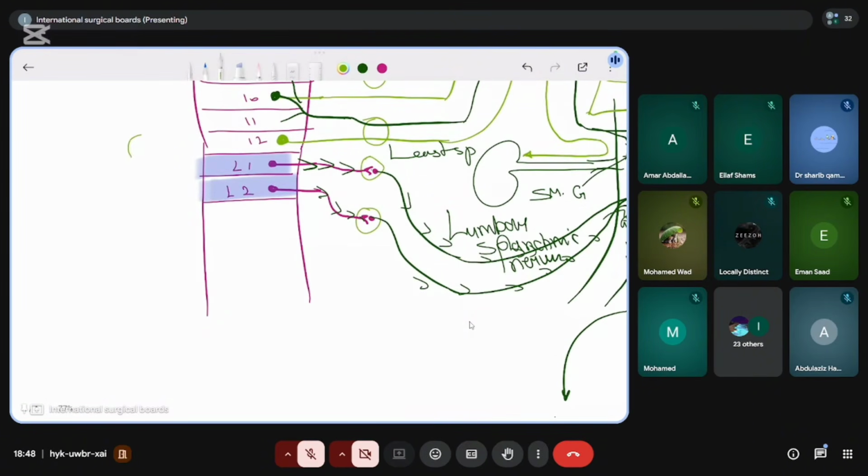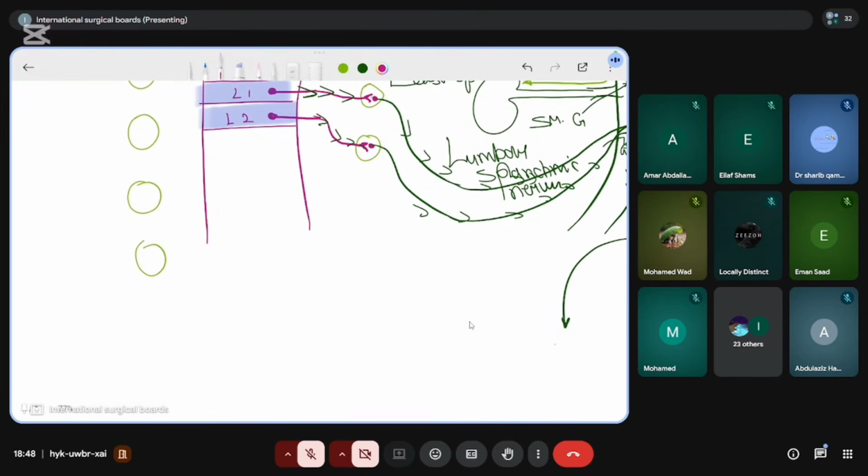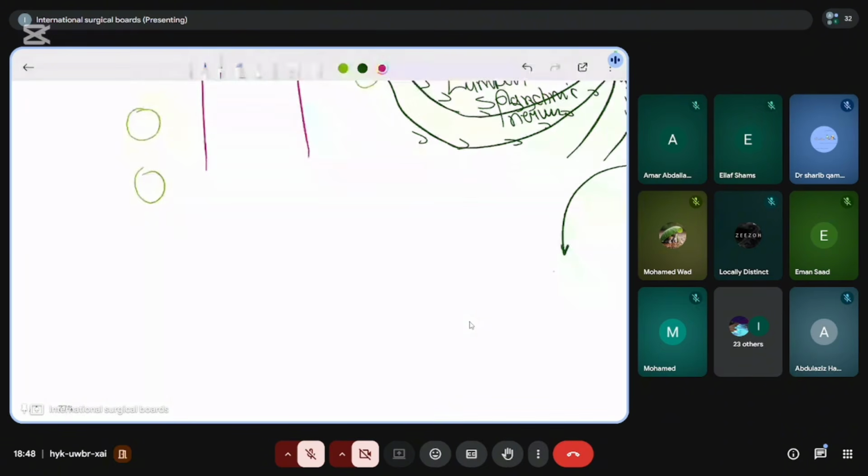This is sympathetic ganglia. I will draw the sacrum here. I will draw the coccyx. The sacrum is a wedge-shaped bone of 5 fused sacral vertebrae. Those are the ala of the sacrum, the sacral promontory.